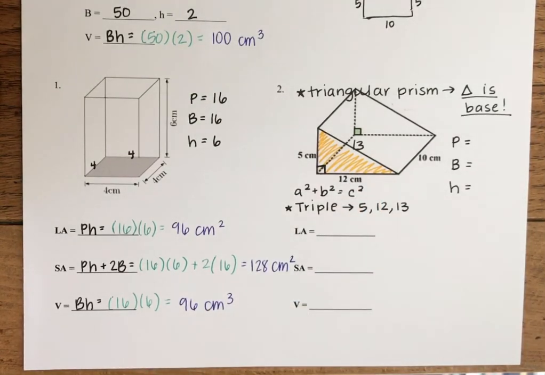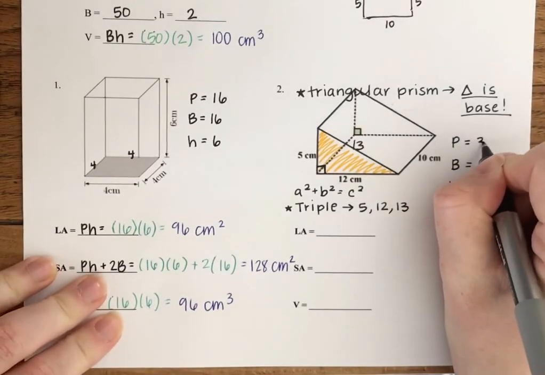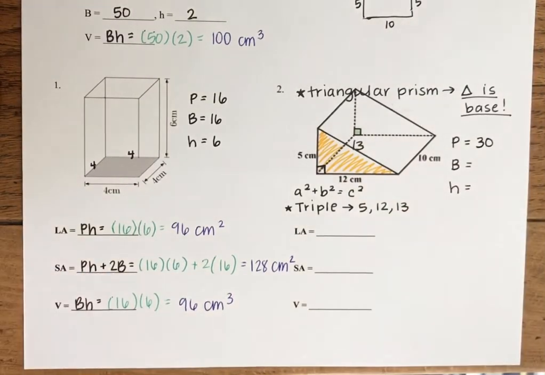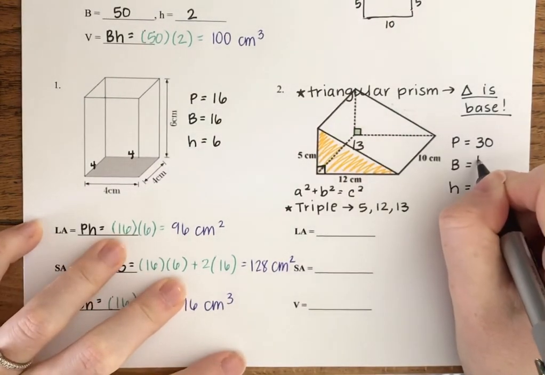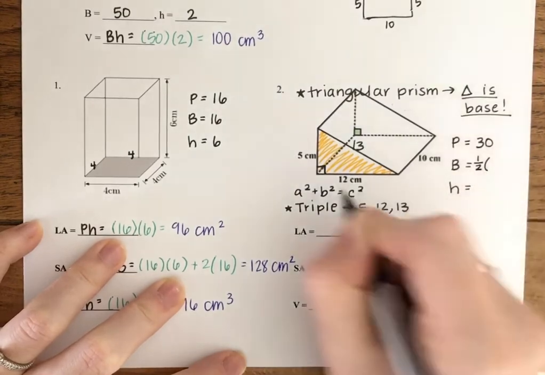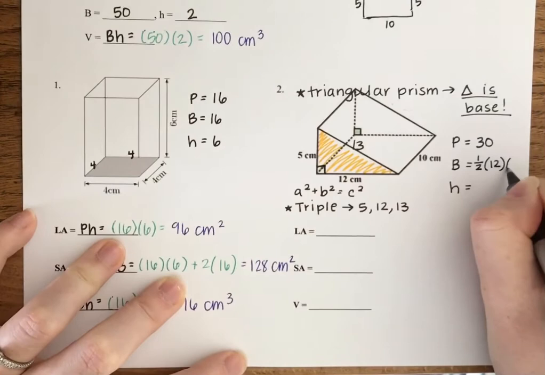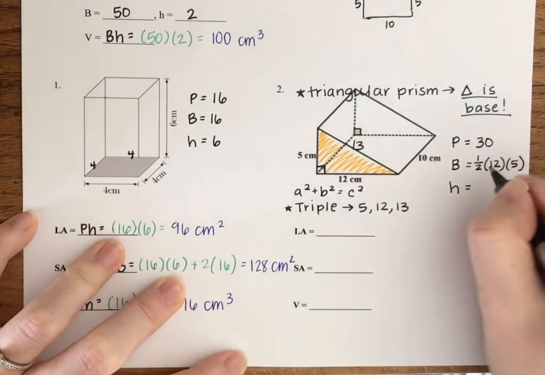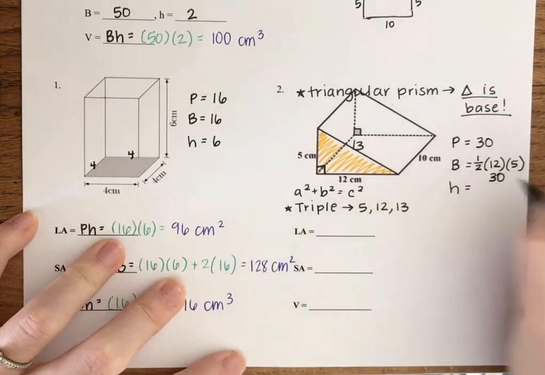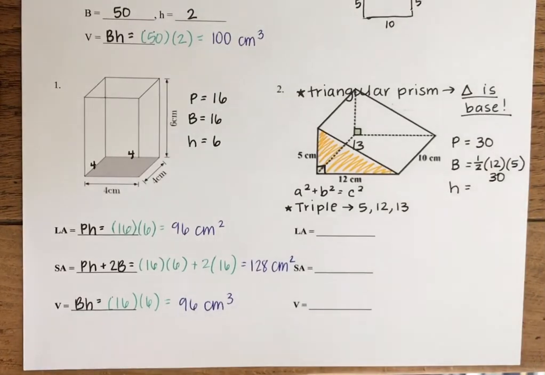So adding those three sides together, my perimeter is gonna be 30. All right, and then area of my base. Area of a triangle we get by doing 1/2 times the base of the triangle times the height of the triangle. That's gonna end up giving me 30. 1/2 times 12 times 5 gives me 30.